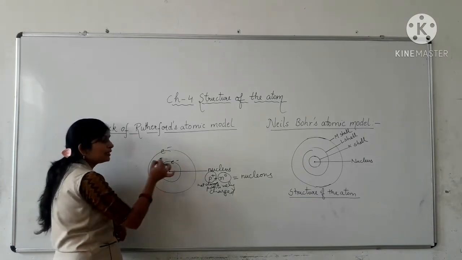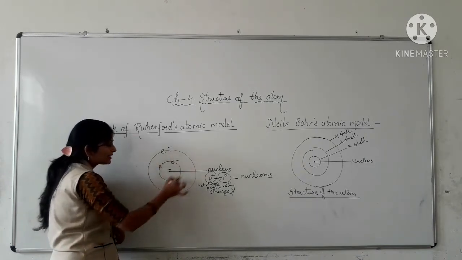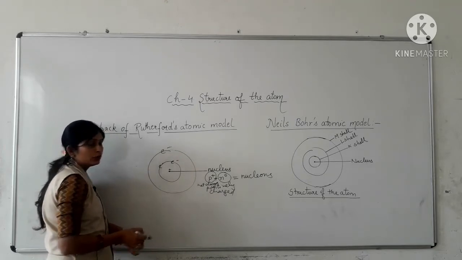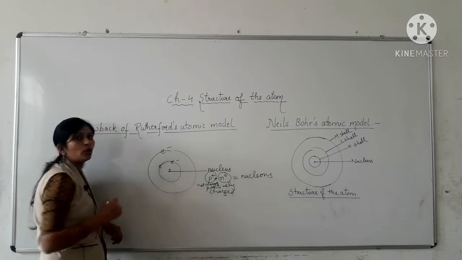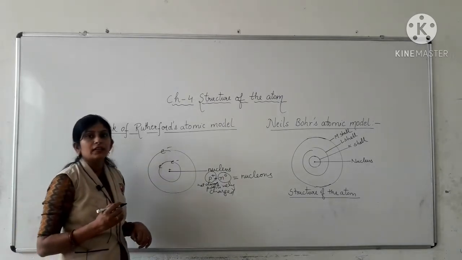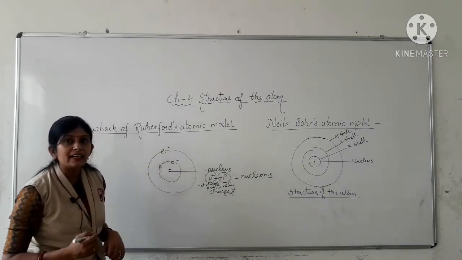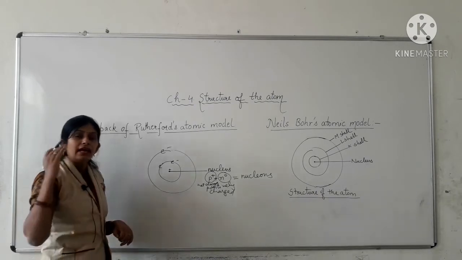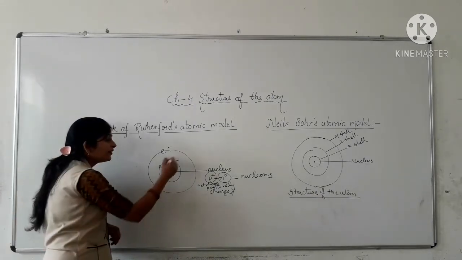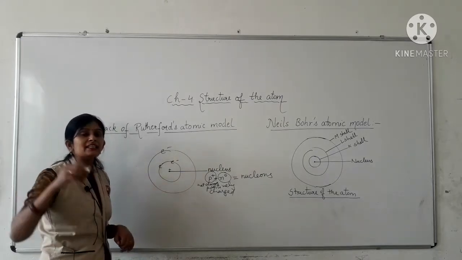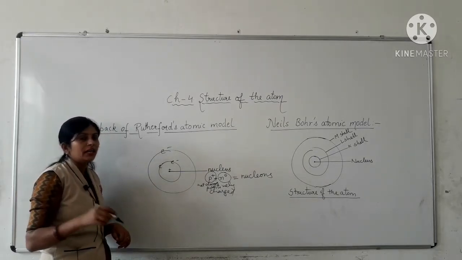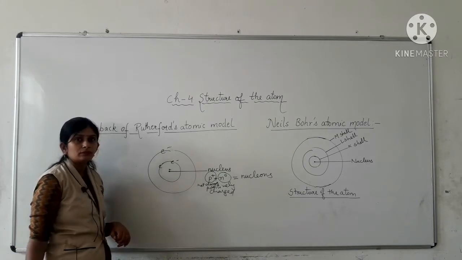During revolution, they undergo acceleration due to change in velocity. As they undergo acceleration, they gain kinetic energy. As a result, they radiate their increased kinetic energy into the surroundings.